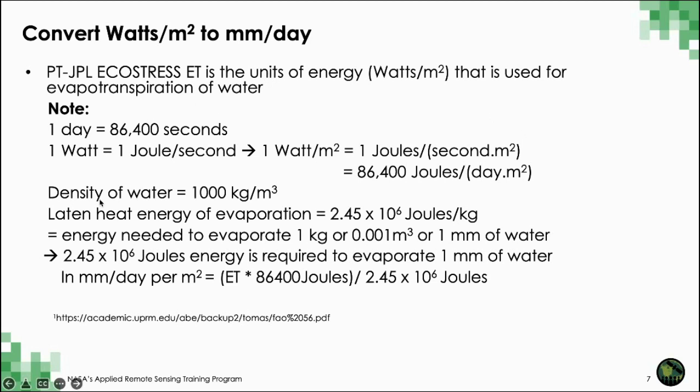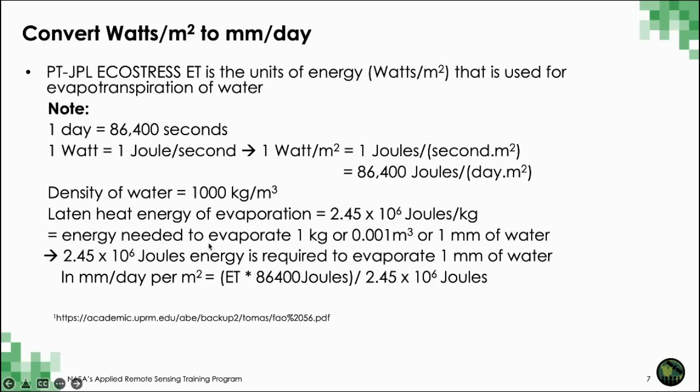As we know, the density of water is 1000 kilograms per meter cube, and the latent heat energy of evaporation is 2.45 times 10 to the 6 joules per kilogram of water. This is actually at 20 degrees Celsius, so it has temperature dependence, but it is more or less 2.45 to 2.5 megajoules per kilogram.